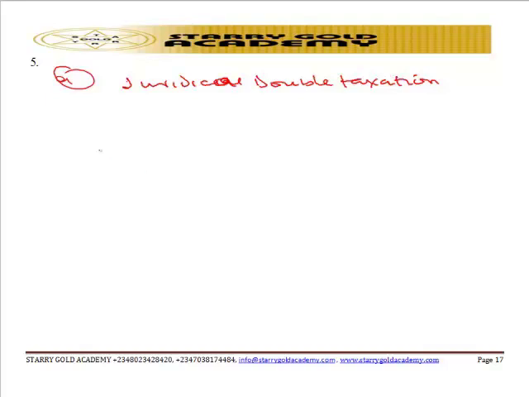Okay, if we compare that with, this is 1, this is 2, economic double taxation. What's the difference? In economic double taxation, it occurs where two different taxpayers suffer tax in respect of the same income.